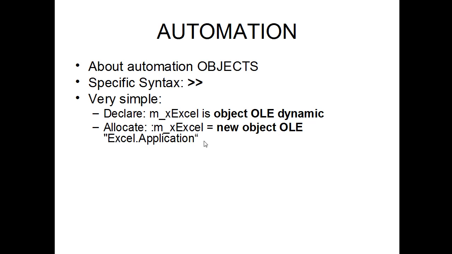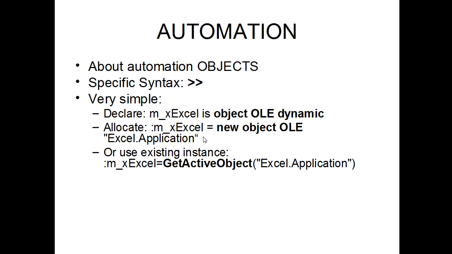Now, if you want to use an existing Excel instance, something outside your application has already created the Excel page, so you have Excel open and all that, and you want to get it, then instead you do the name of your Excel variable that you declared as object OLE dynamic, and you're saying to that object to get the active object of Excel application.